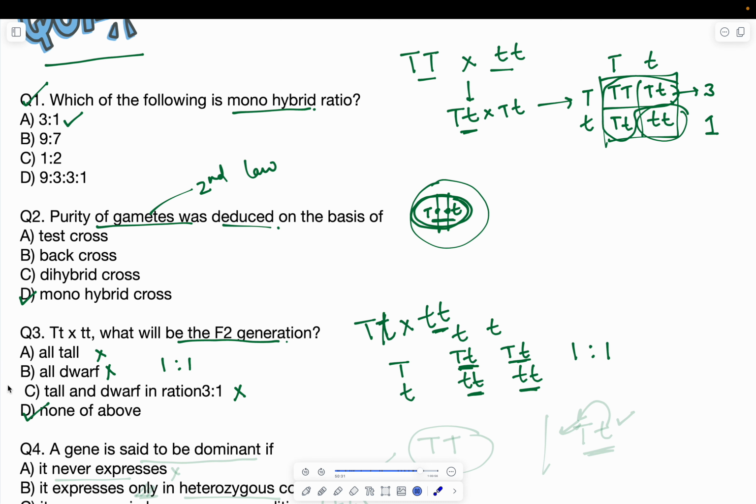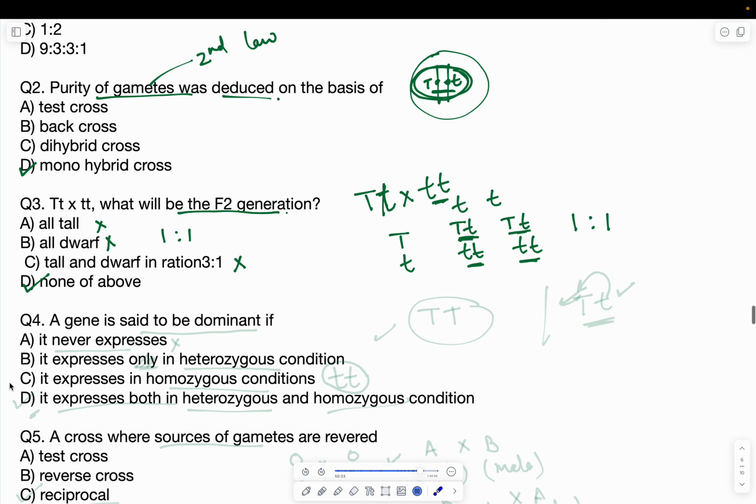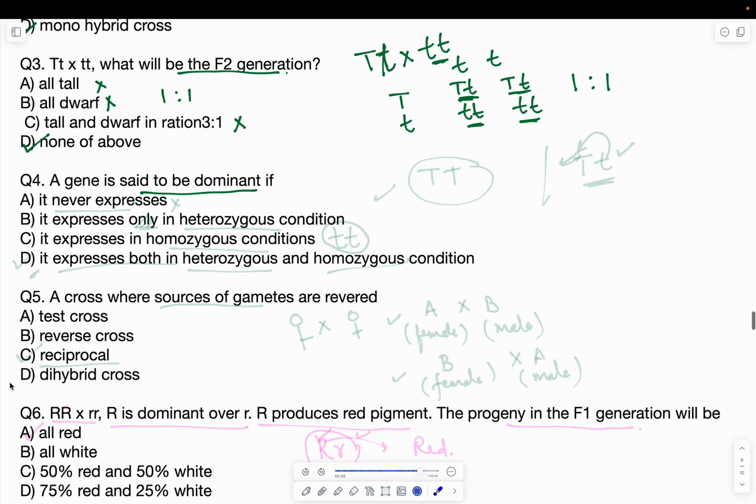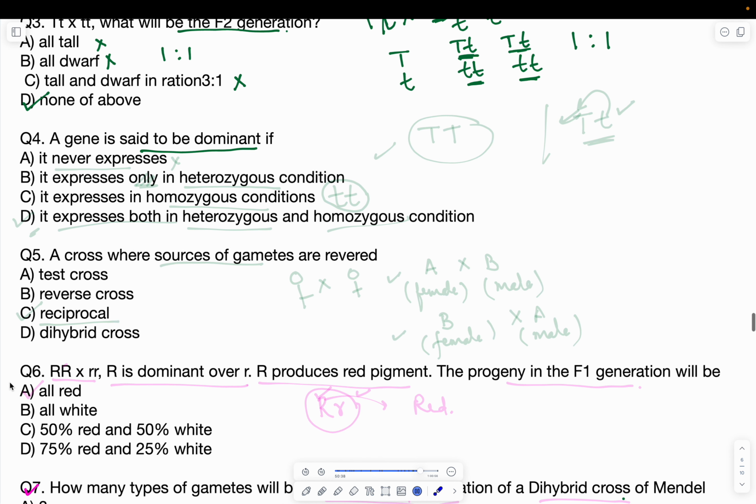A gene is said to be dominant if it expresses in the homozygous state, and also when it expresses in the heterozygous state, right? It never expresses: this is wrong. It expresses only in heterozygous condition: that's wrong. Yes, it does express in heterozygous condition, but not only in heterozygous condition.